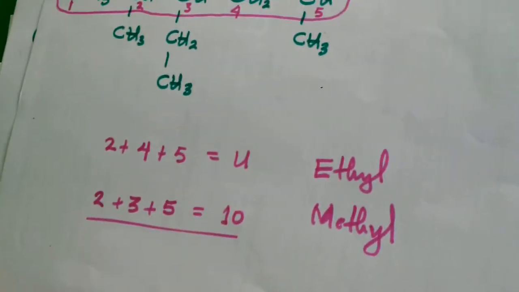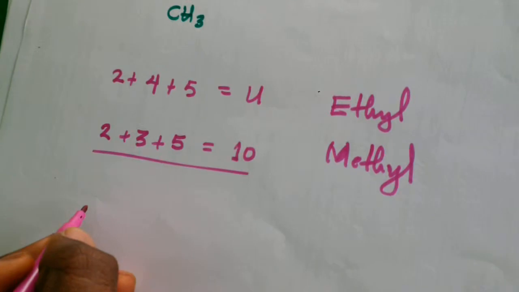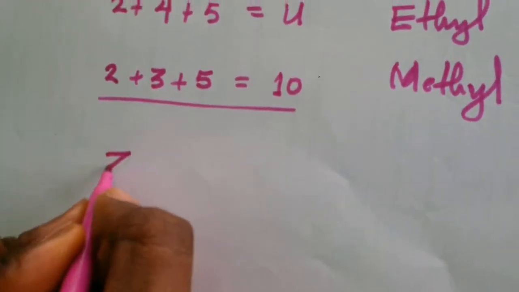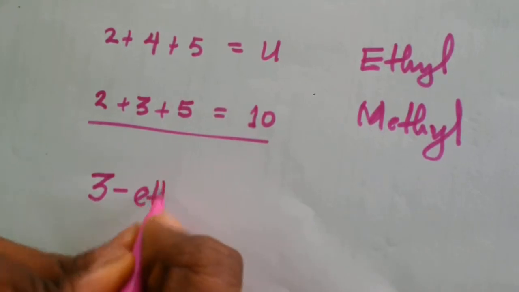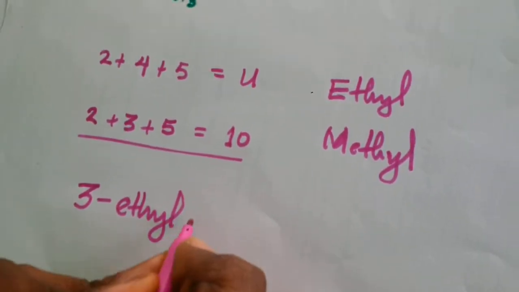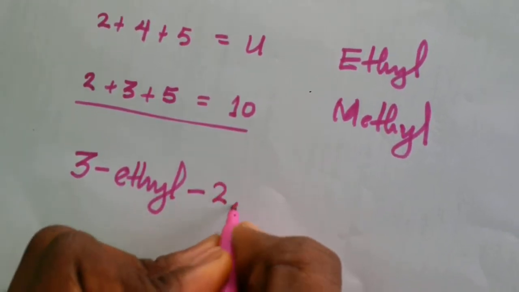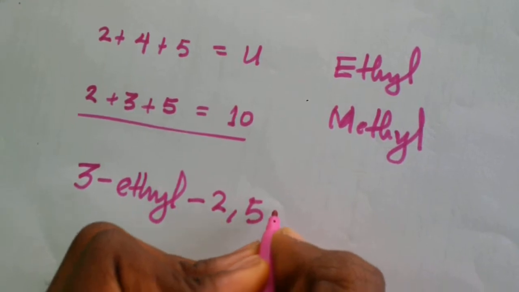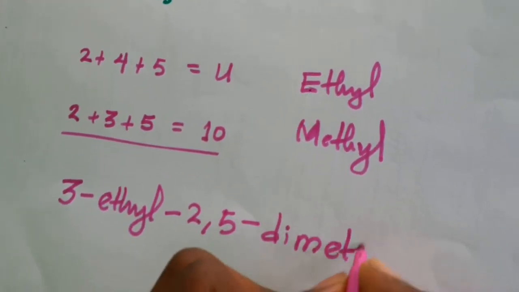Now watch. So it's going to be 3 ethyl, 2, 5 dimethyl.